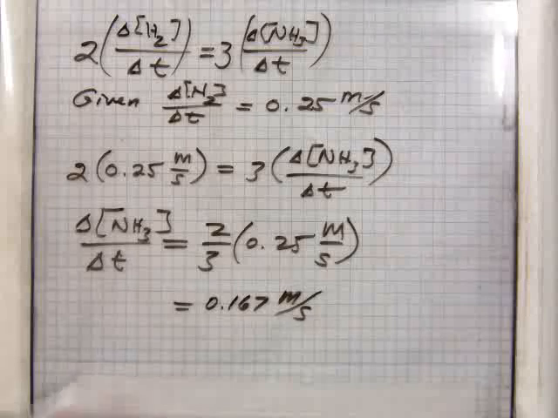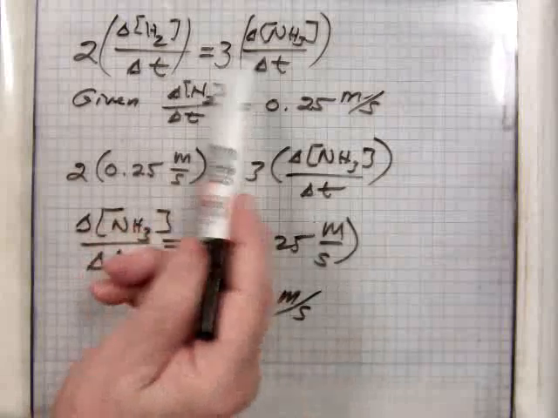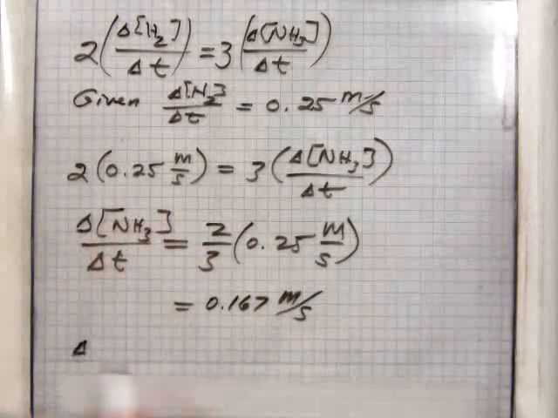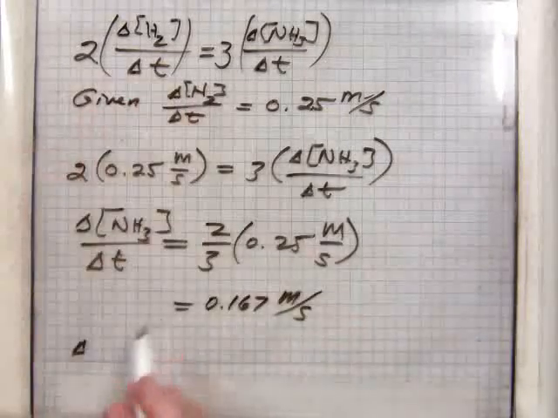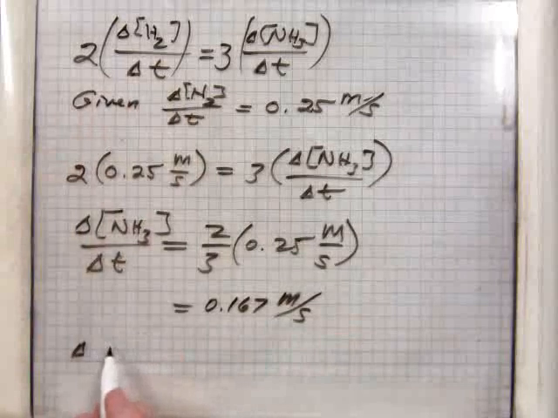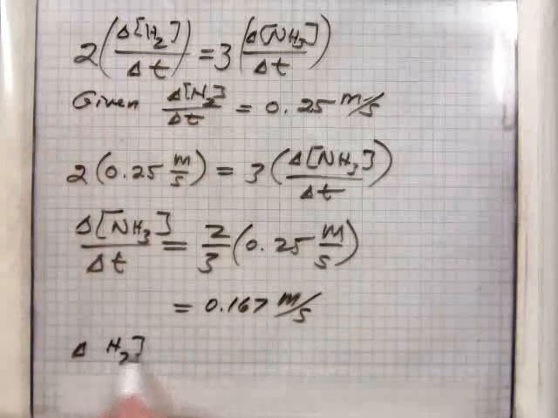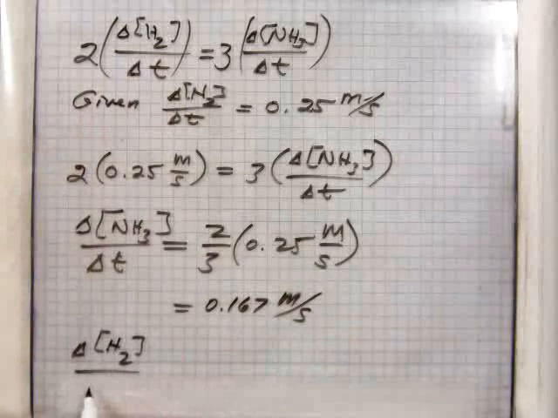And then if you wanted to go on and relate it to the nitrogen, either one of them could be used. Change in hydrogen can now be related to nitrogen.